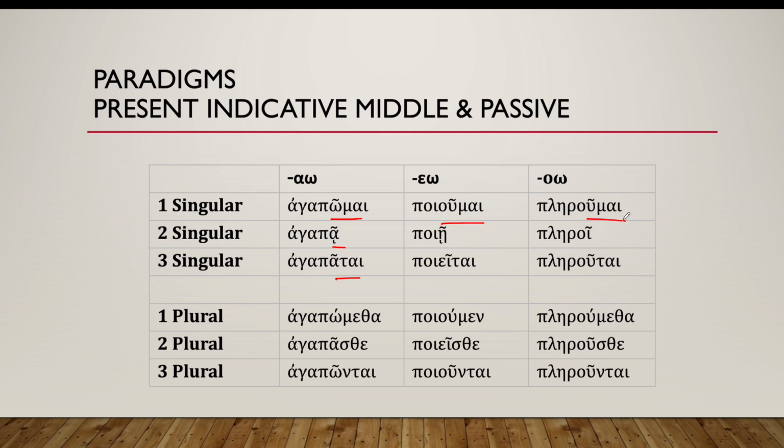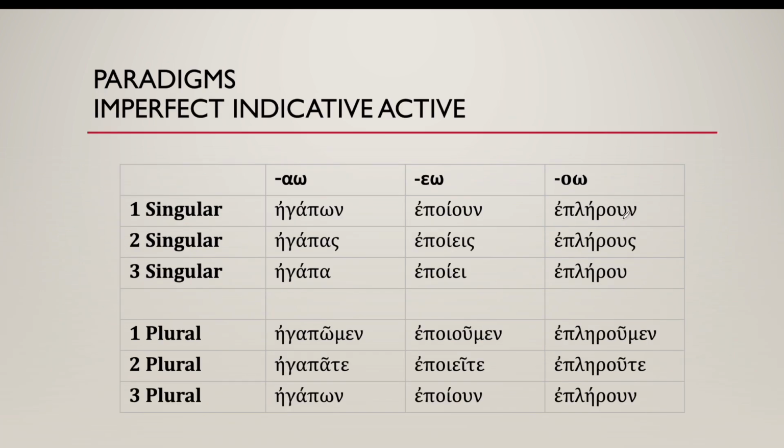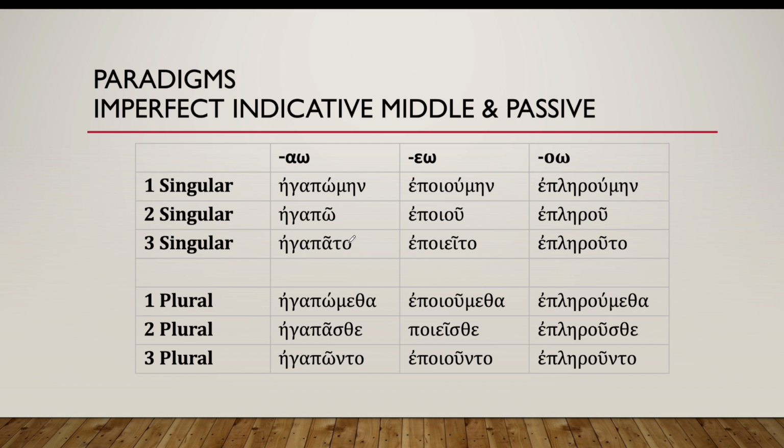So contraction is happening with these middle endings as well. And here's the imperfect. The imperfect, again, what you're seeing is an augment at the front. So those are the active of the imperfect. These are the middle and the passive of the imperfect.